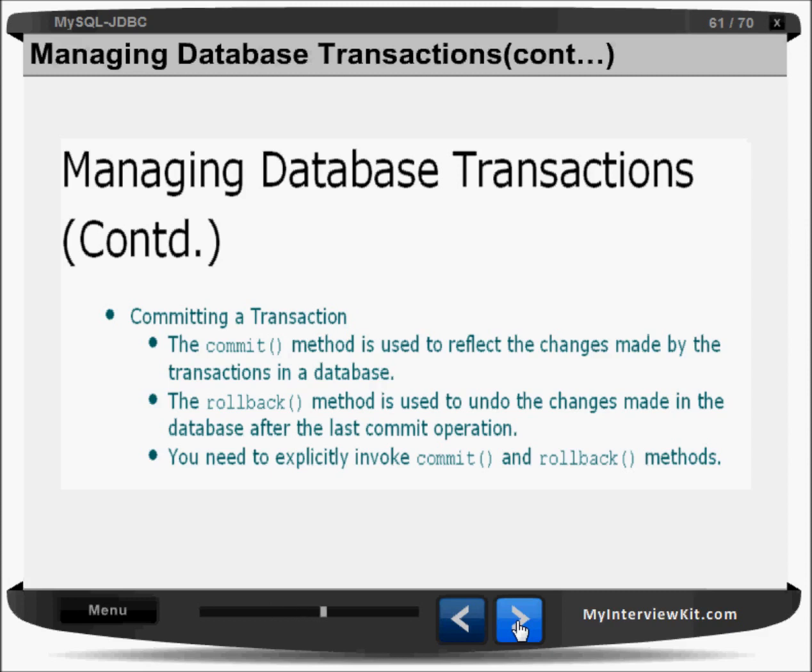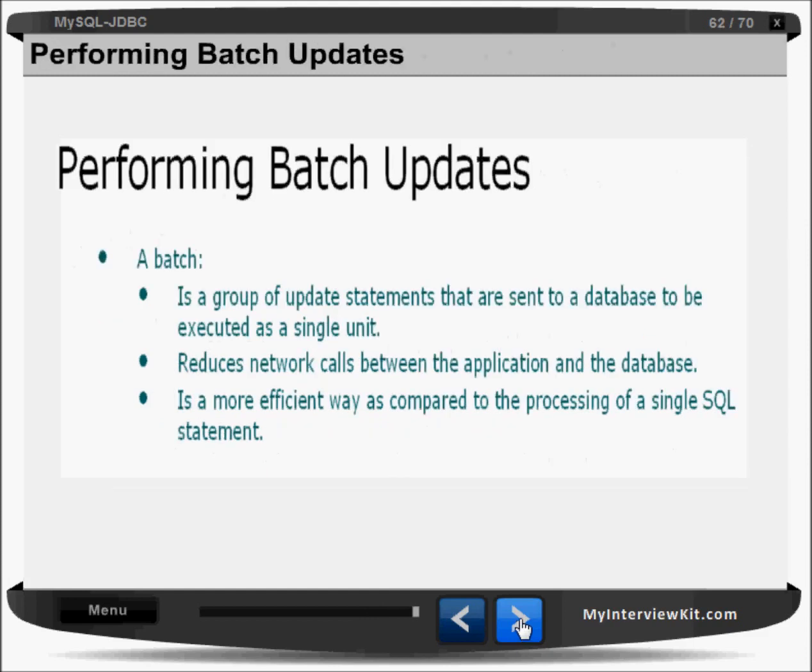Rollback will cancel the changes made in the database after the last commit operation, so it will undo. So if you are setting your transaction to explicit, manually you have to say commit or rollback, and only then will any changes take place. Okay.